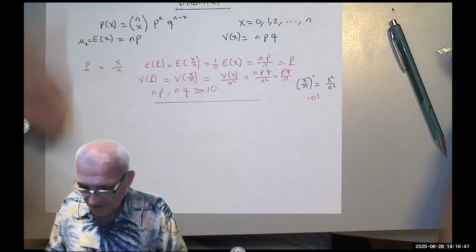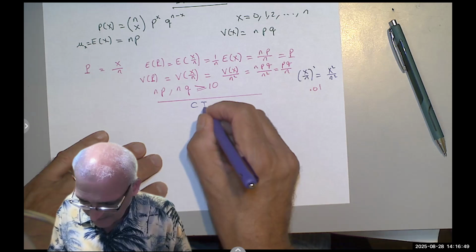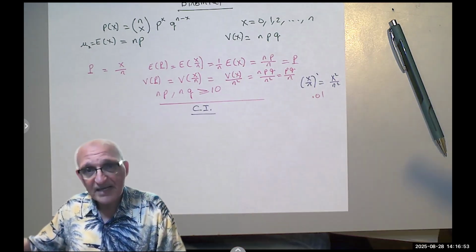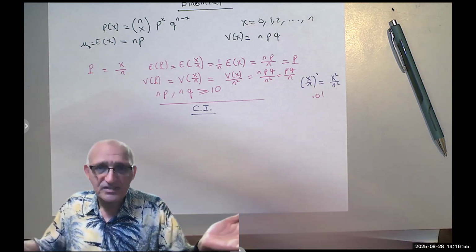So as we said, we can construct a confidence interval. It can be one-sided, meaning a confidence bound, upper bound or lower bound, or two-sided.